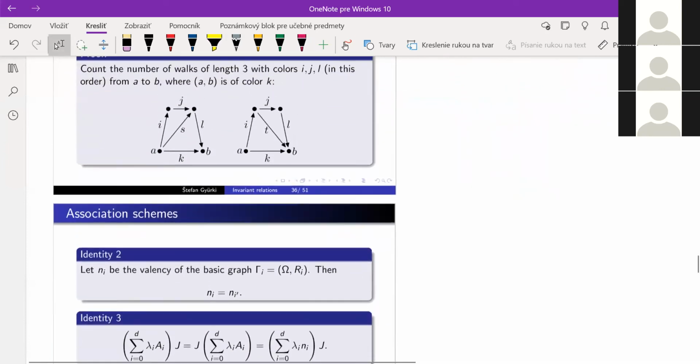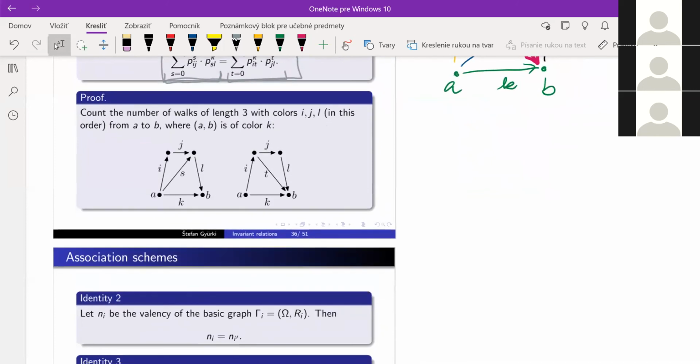The second identity is a little bit easier. If I am denoting the valency of the basic graph as n_i, then of course the valency of the basic graph gamma_i is the same as the valency of the basic graph, which is the reverse of the same graph, because the basic graphs are all regular.